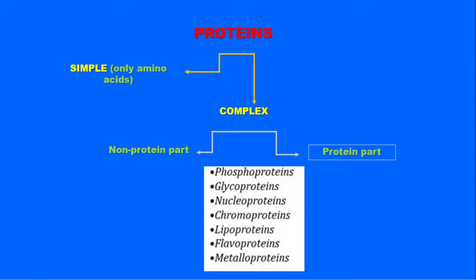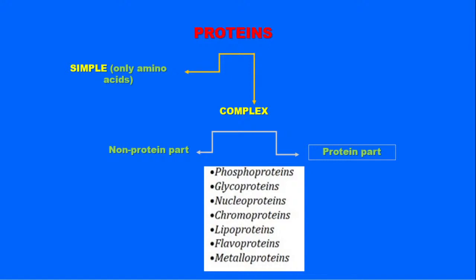Examples of simple proteins: albumin, growth hormone, they contain only amino acids. Complex proteins: dehydrogenases, which have NAD and FAD as a non-protein part; chromoproteins, like hemoproteins; metalloproteins, like transferrin, which is necessary to transport iron.